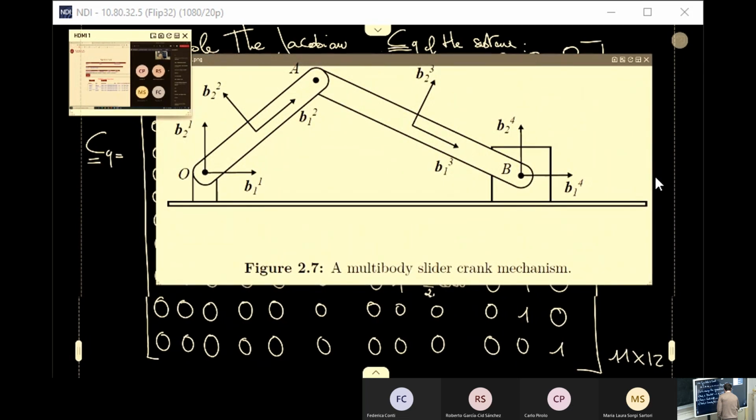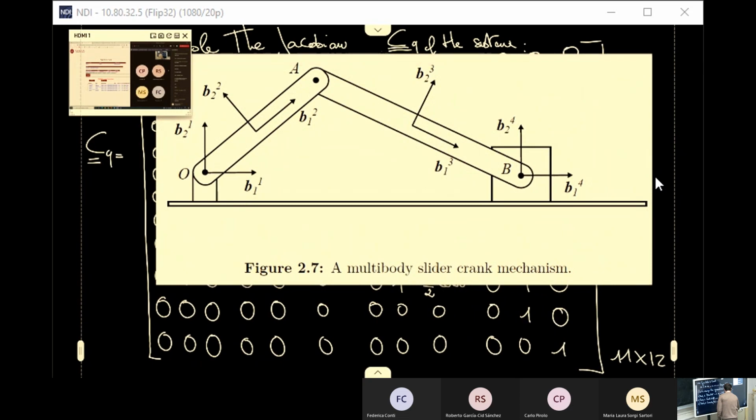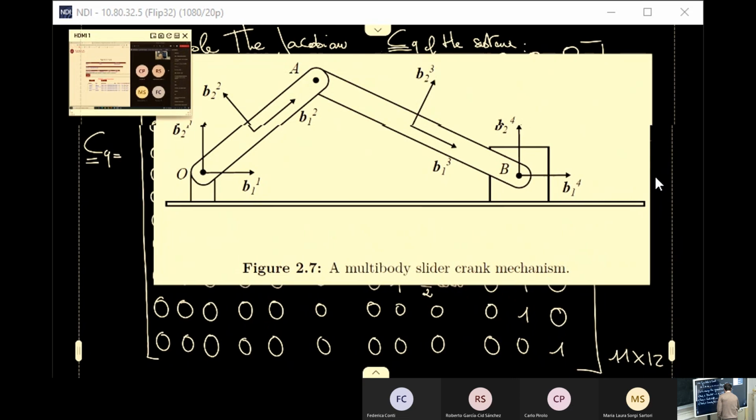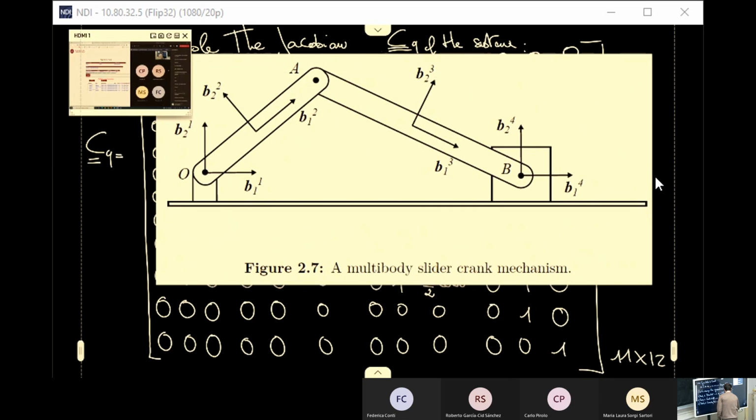So which is the motion in this mechanism that you want to set arbitrarily so that all the other parameters will follow? Typically, the choice is to be done in such a way that the arbitrary parameter, the independent coordinate, is the one that we input in the system, right? It depends on how the system will work eventually.